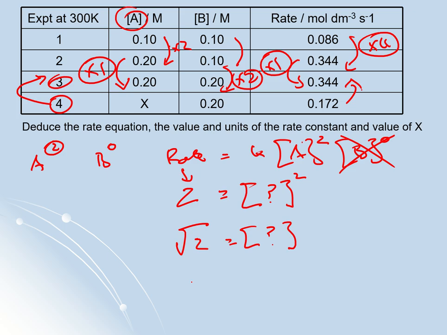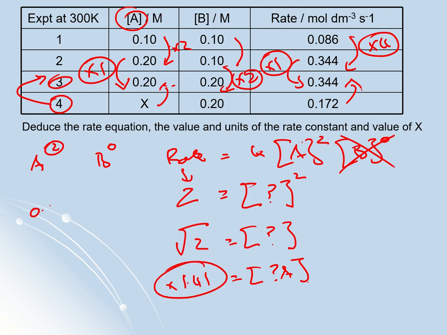So that tells me that the change in the concentration of A is, put an A there, 1.41. So as I go from experiment 4 back to experiment 2, the concentration of A has gone up by a factor of 1.41.